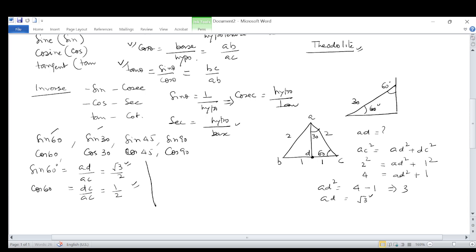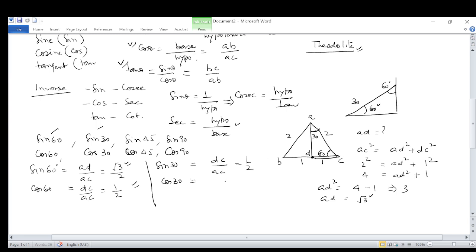Now come to the reverse of this. For sine 30, this angle is 30, so the perpendicular of this triangle is DC. Perpendicular is DC upon AC, so it is 1 upon 2. And cos 30: the earlier perpendicular becomes the base, so this base is under root 3.